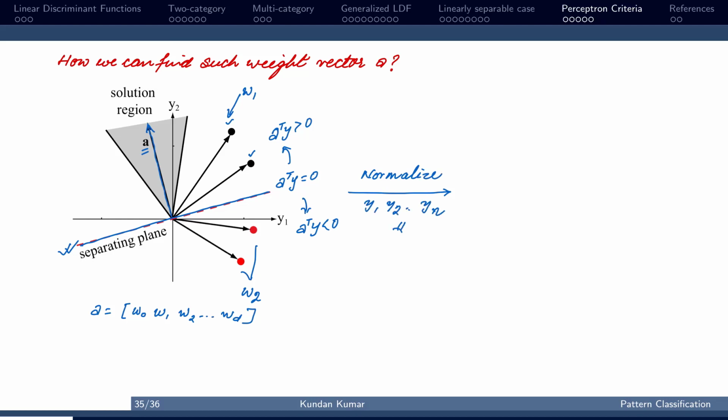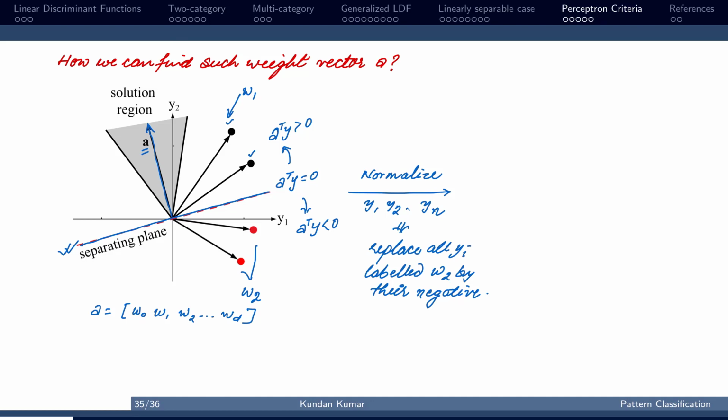Okay, now we can normalize the data samples y1, y2 and yn. And what is the normalization here? We have to replace all yi labeled omega 2 by their negatives.